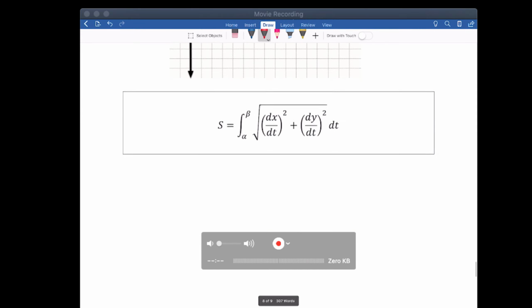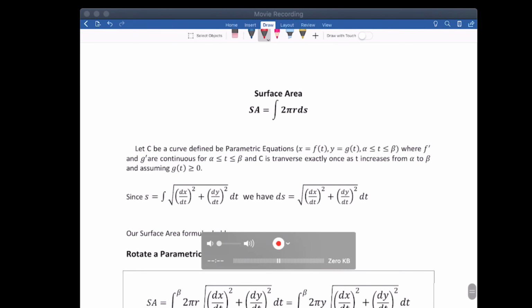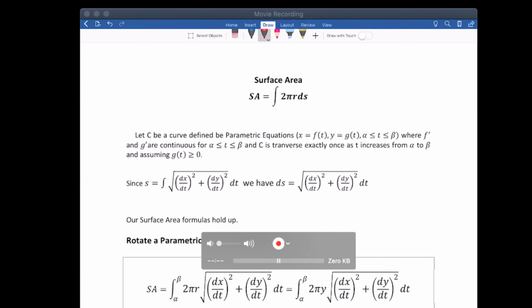Anyway, you say, why do I need that ds? Because you also can have surface area. We can find surface area by revolving about an x-axis or a y-axis. And when we do that, remember, this integral, the arc length formula, gives us this ds, is what I'm saying.